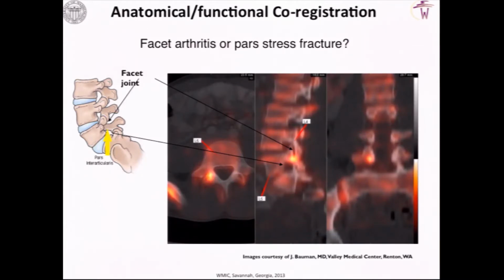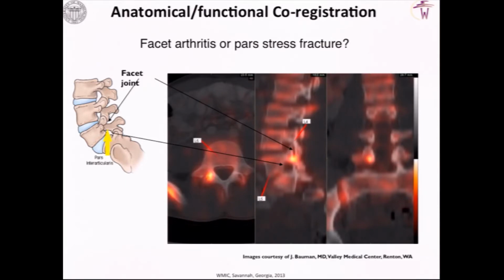Finally, another type of multiple images is when you have anatomical and functional co-registration. Here we have a CT image that's co-registered with a SPECT image. In this situation, you're trying to make a diagnosis for this patient of whether this person was having facet arthritis, which would cause higher uptake of the SPECT tracer, or a pars stress fracture.